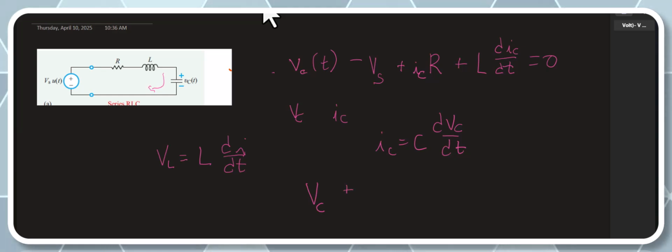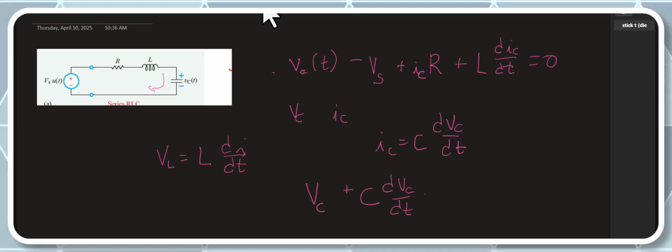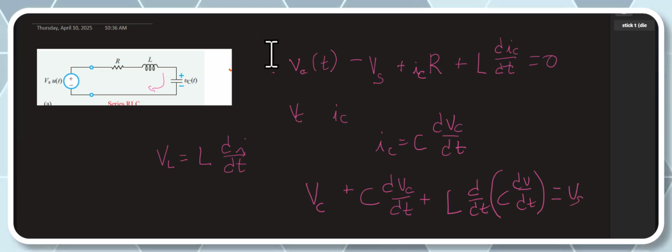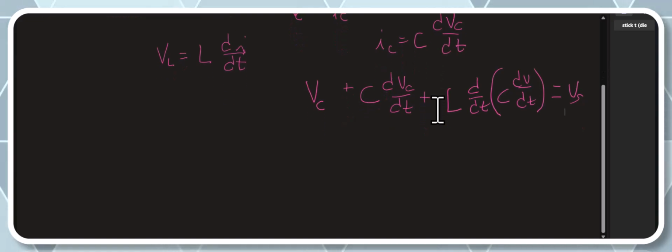So VC plus RC dVC dt plus, now I'm going to write this next one in terms of VC, so it'll be L d dt of, now IC is C dVC dt, and that all equals Vs. And so now when I take this derivative, we see where the second order comes from.